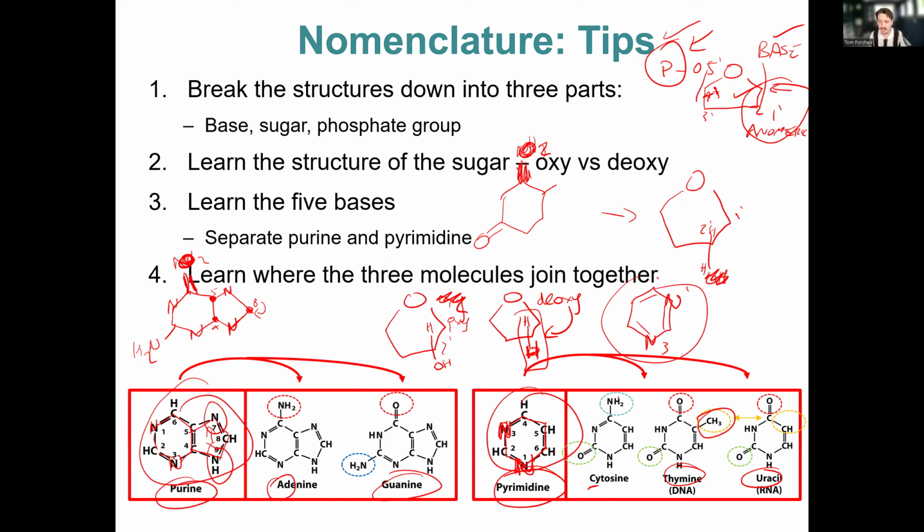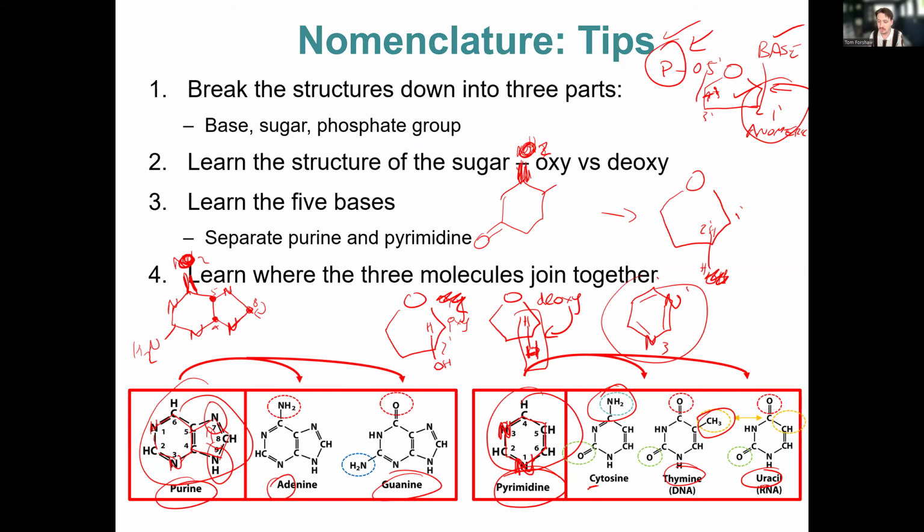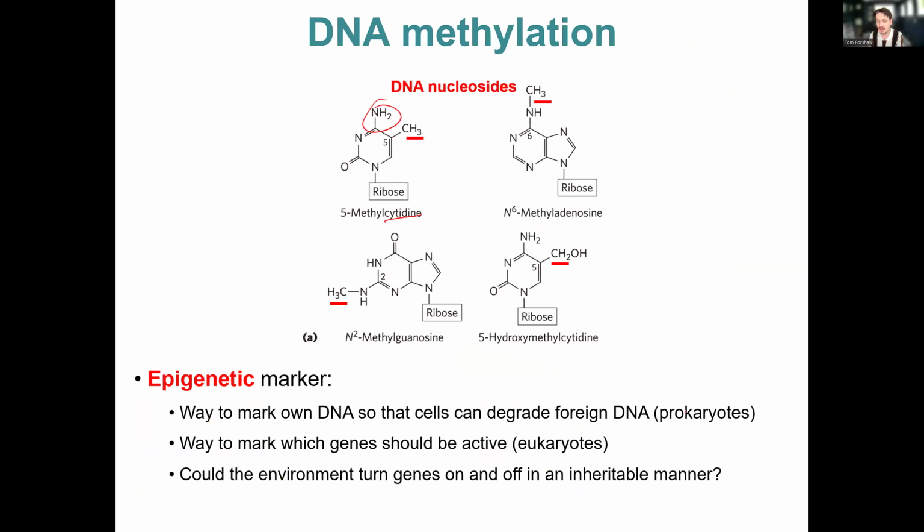Remember, cytosine is the pyrimidine that has the amine group at the top there. Your thymine has a methyl group, but it's got the carbonyl at the top. This doesn't have the carbonyl at the top. It's got the amine group at the top. So it's the cytosine, it's C, but it's got the methyl group.